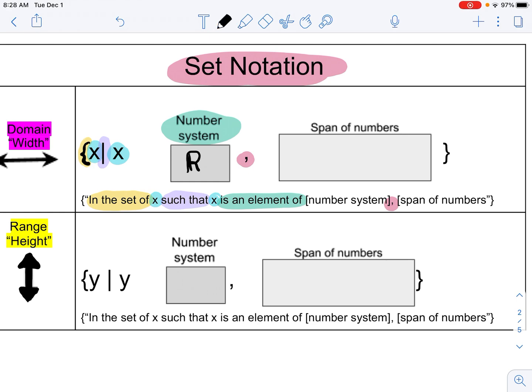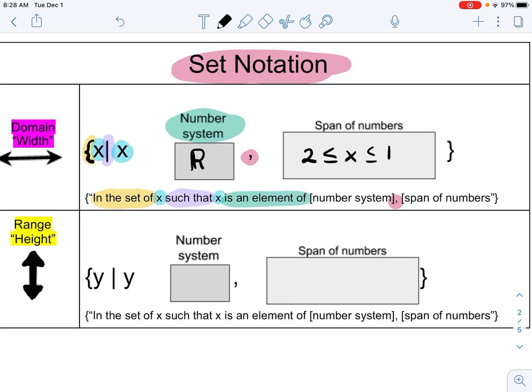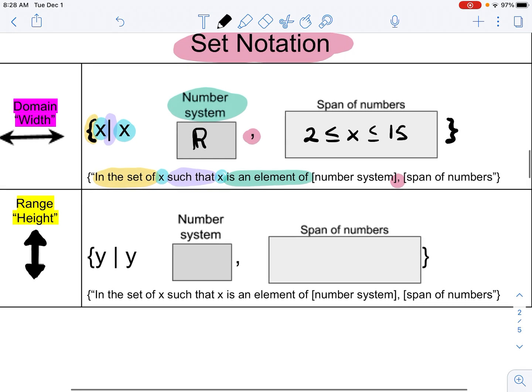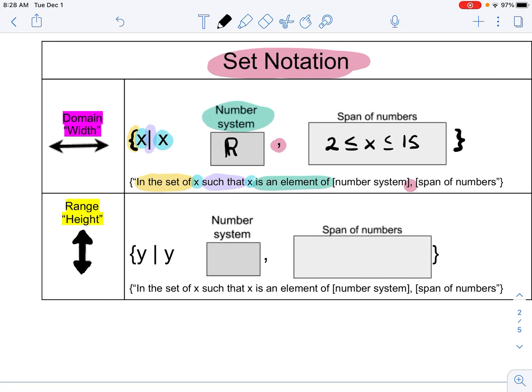So maybe we are saying x is greater than or equal to 2, but less than or equal to 15, something like that. So that's the span of numbers, and then we enclose the set. Now the same thing is true when we talk about range, except range is our y values. So just make sure you know if you're talking about domain or if you're talking about range.